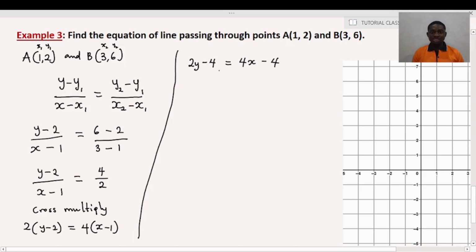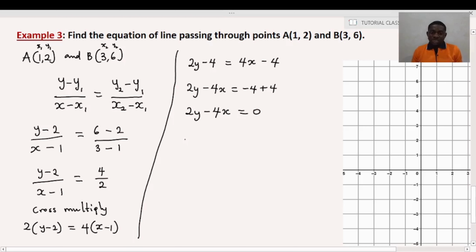If we do this now, we'll be left with 2y minus 4x equals minus 4, take this here, plus 4, and that will be 2y minus 4x equals 0. So this is an equation of the line.